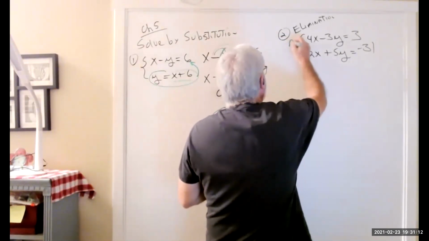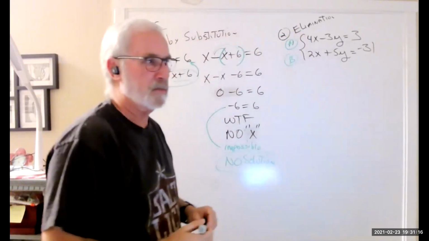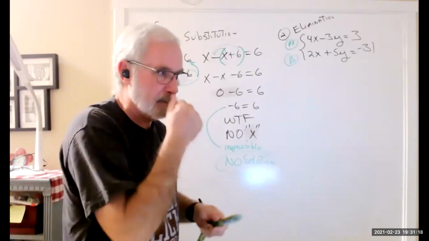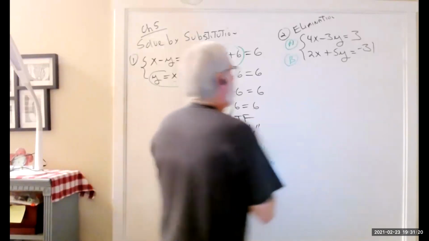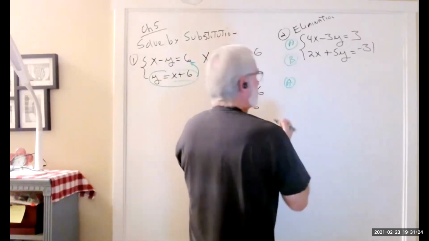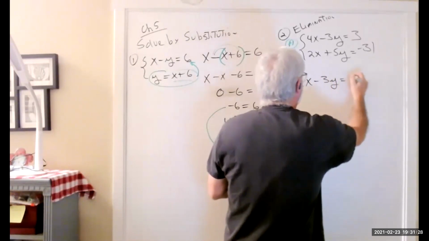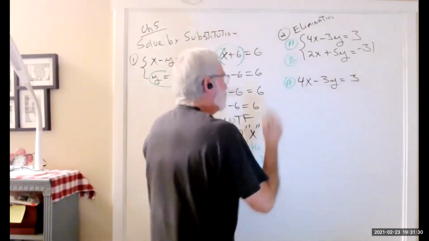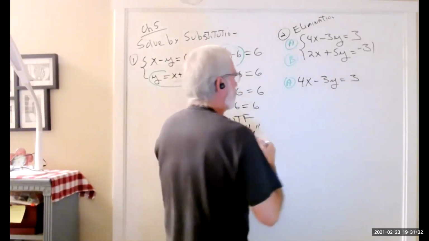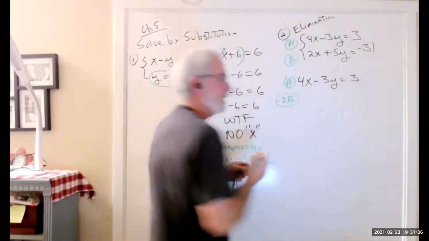I personally will call that A and that B so we can talk about them. So we have equation A and equation B. I'm going to leave equation A alone, as 4x minus 3y equals 3. But I'm going to do what you said, -2 times equation B.